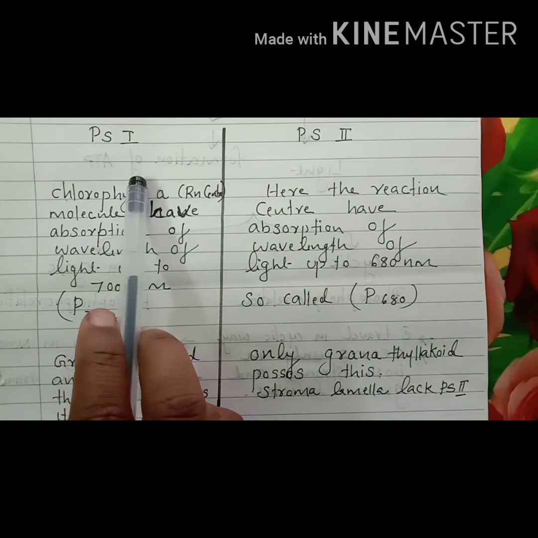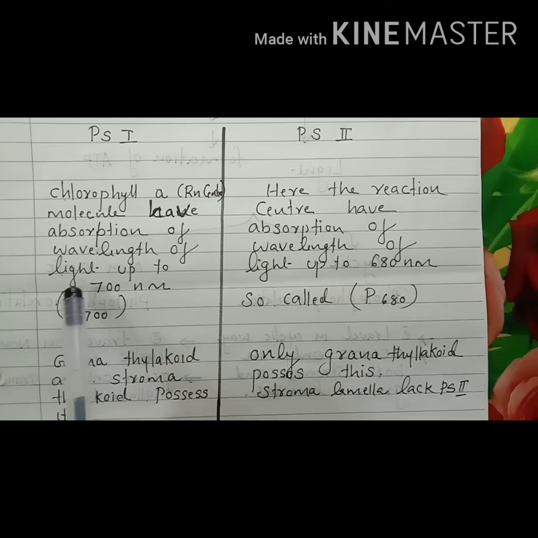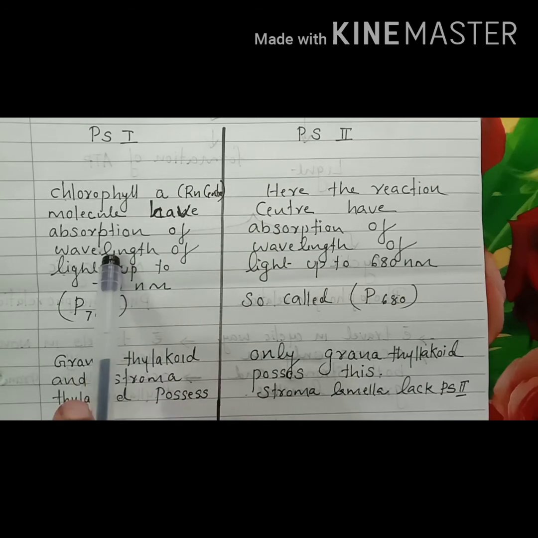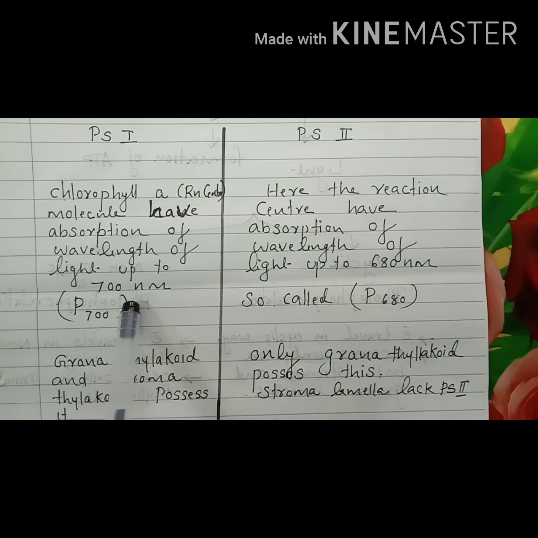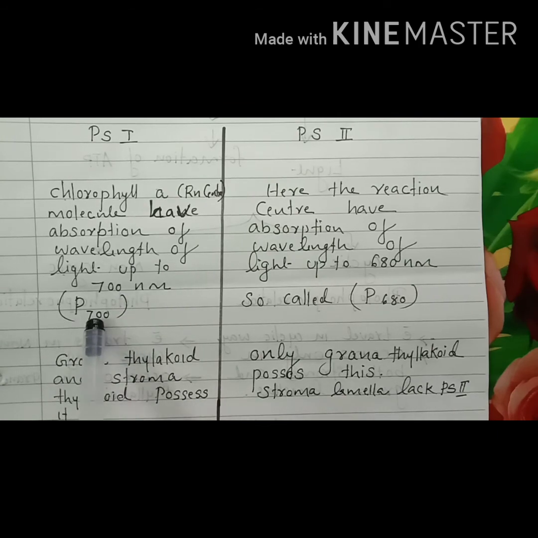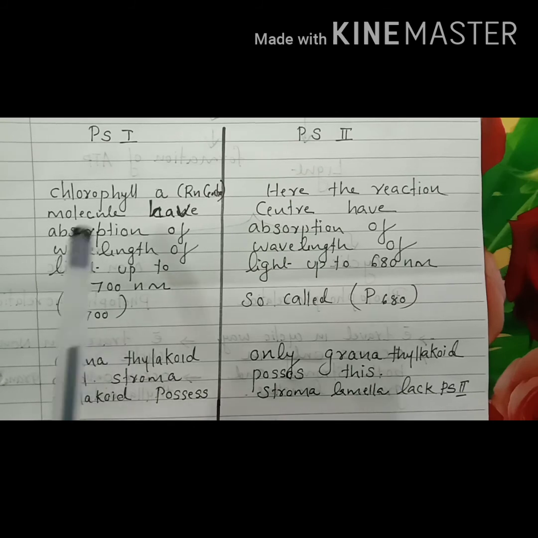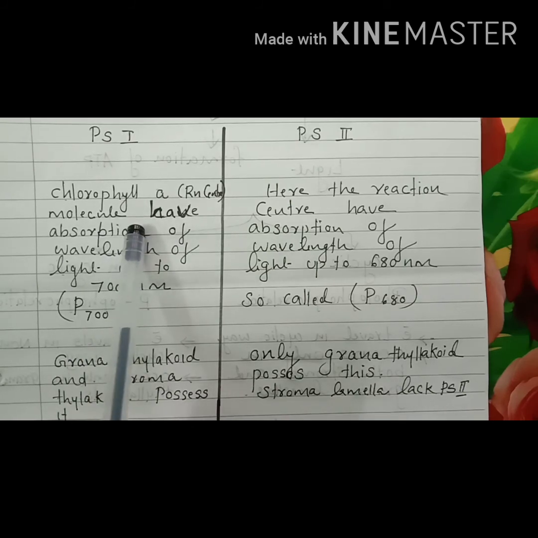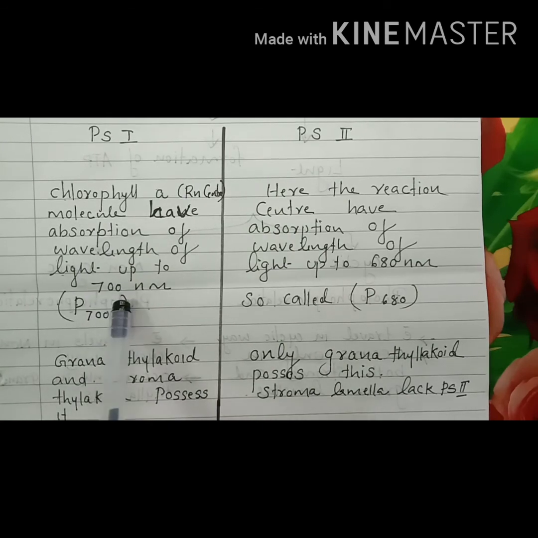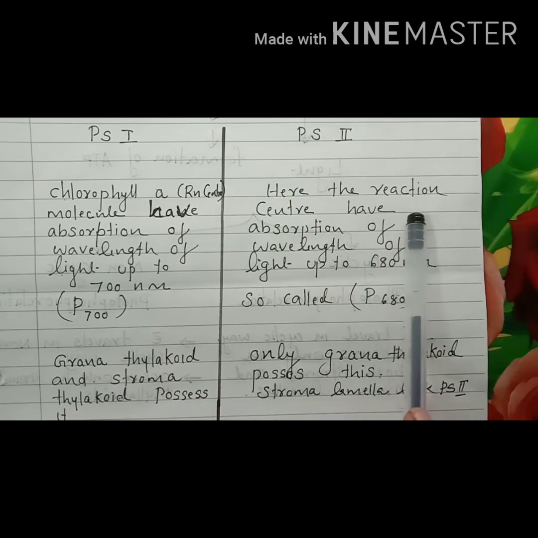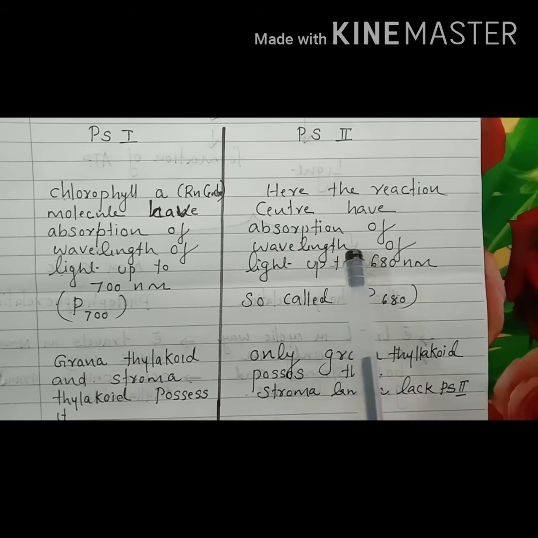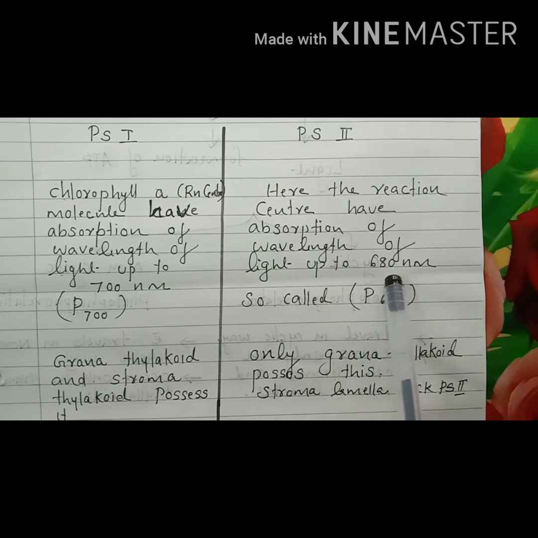PS1 consists of a chlorophyll A molecule that can absorb sunlight up to a wavelength of 700 nanometer, so it is called P700. PS2 also has a reaction center with chlorophyll A, but it can absorb light only up to 680 nanometer.